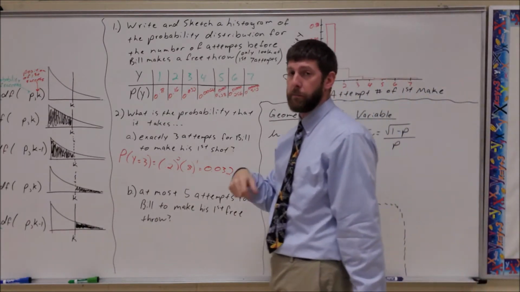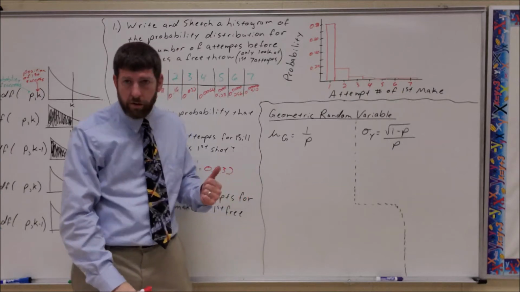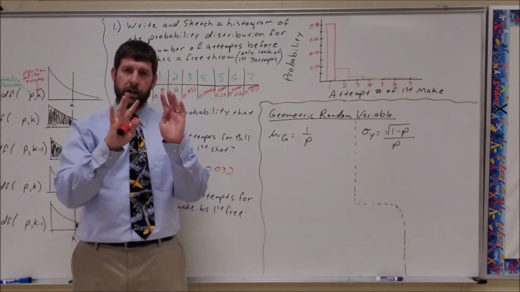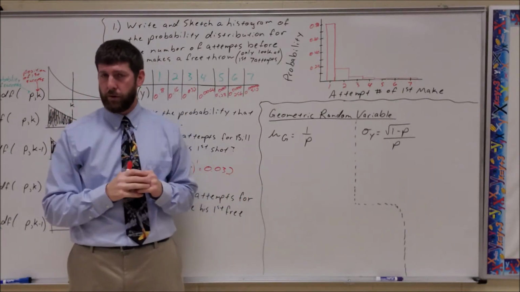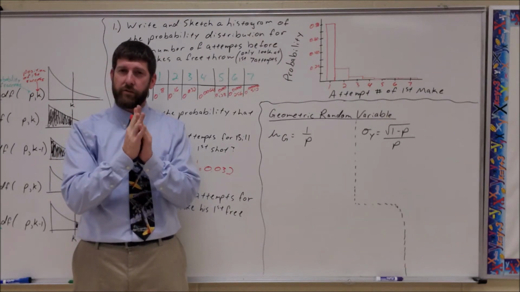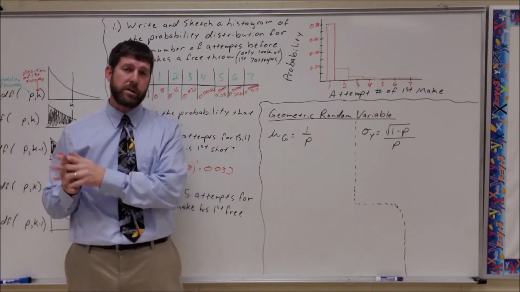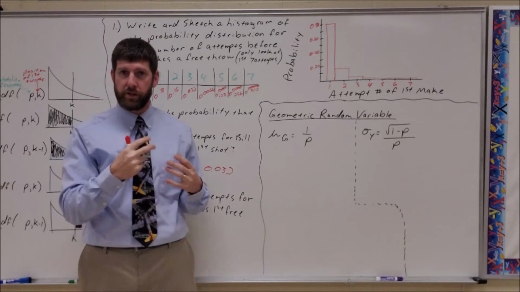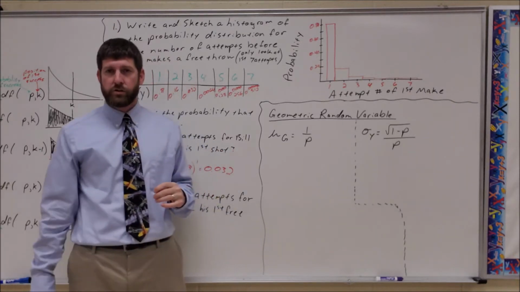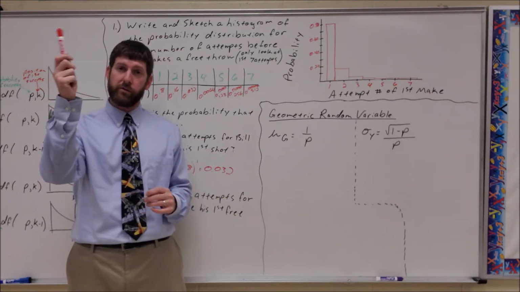Now this is different than our binomial graph that we saw in the last video, where everything was clustered around 5, 6, 7 attempts. Now we had found the expected value was 5.6 attempts for Bill out of his 7 attempts. So that's why that peak is around 5.6.